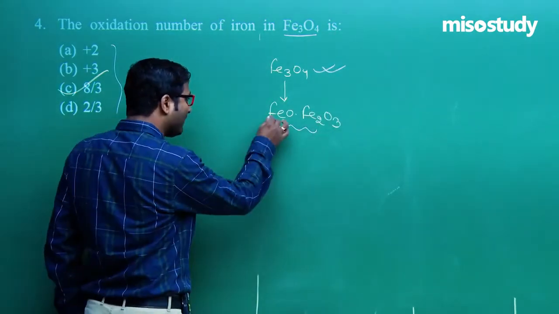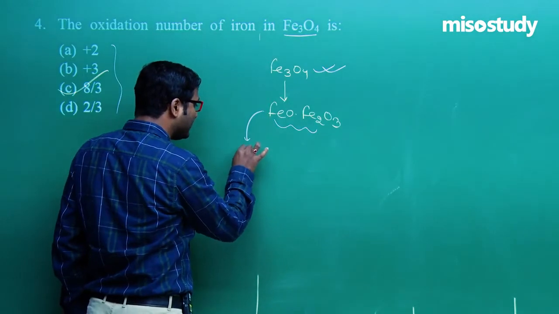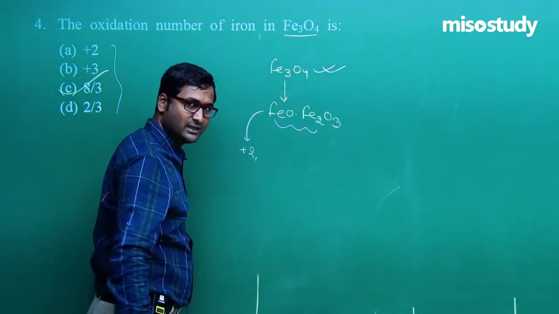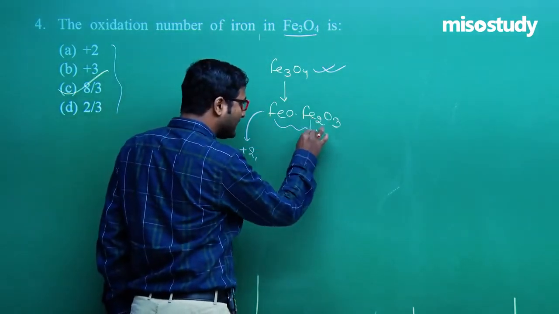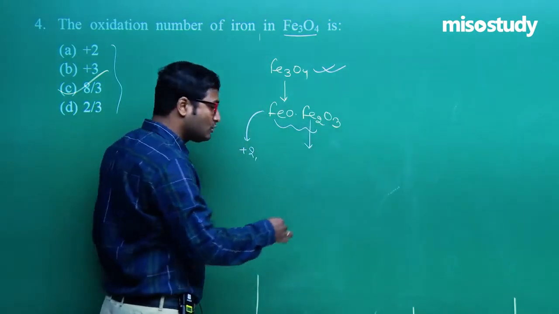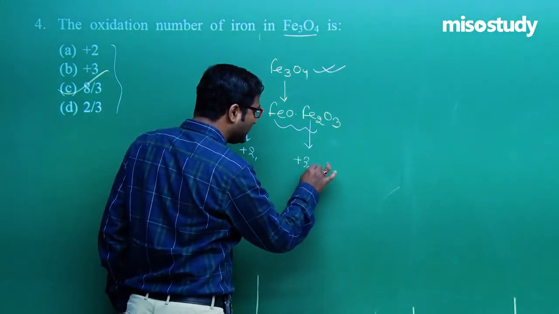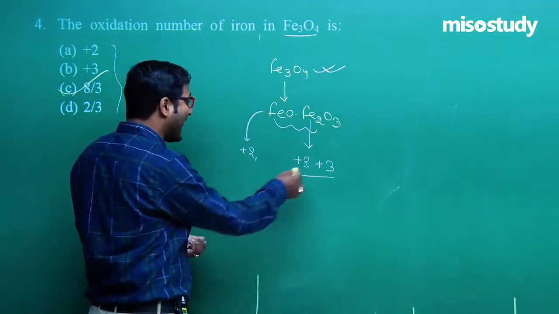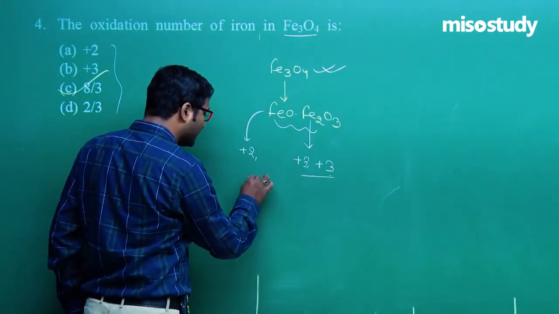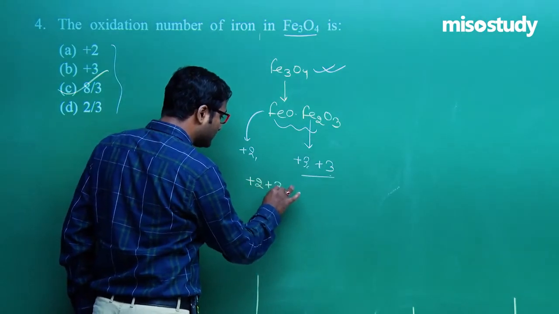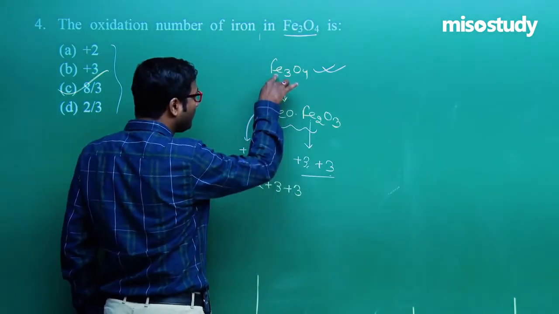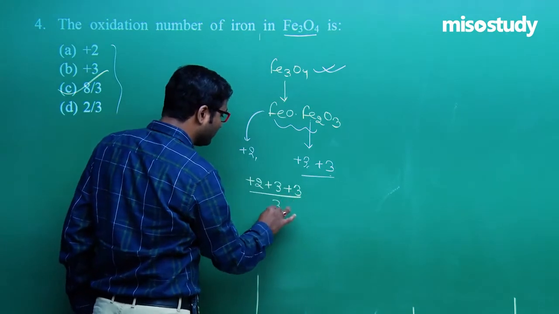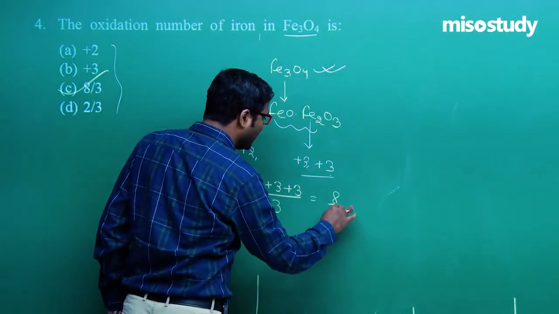Clear? Now in FeO, the iron is in plus 2 oxidation state, and in Fe2O3 there are 2 irons, each with plus 3 oxidation state. So the average of these 3 oxidation states, plus 2 plus 3 plus 3, total number of iron is 3, divide by 3: 8 by 3.